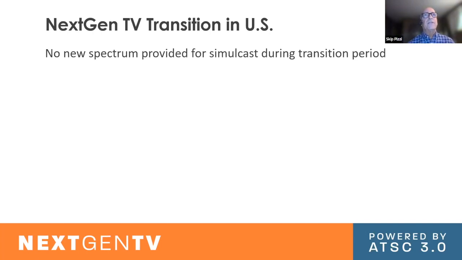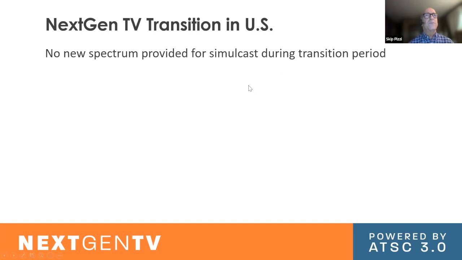So we're pretty much packed down to the maximum right now. So there's no additional spectrum available for us to do a 1.0 to 3.0 transition with complete new channels.